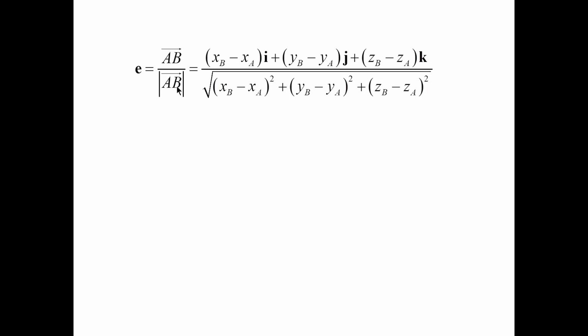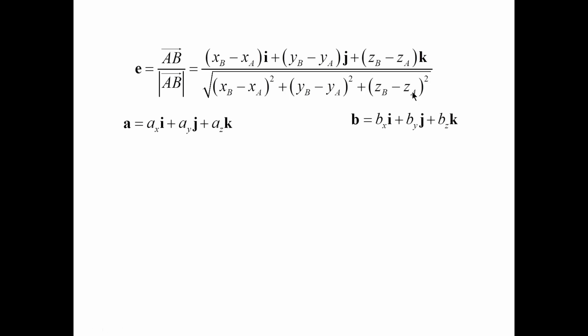The vector AB is calculated by subtracting the coordinates of the point A from the coordinates of the point B. Please look at the numerator. Then I take all the projections, take their squares and sum them, and take the square root. That gives me the distance AB, or the length of the wire.